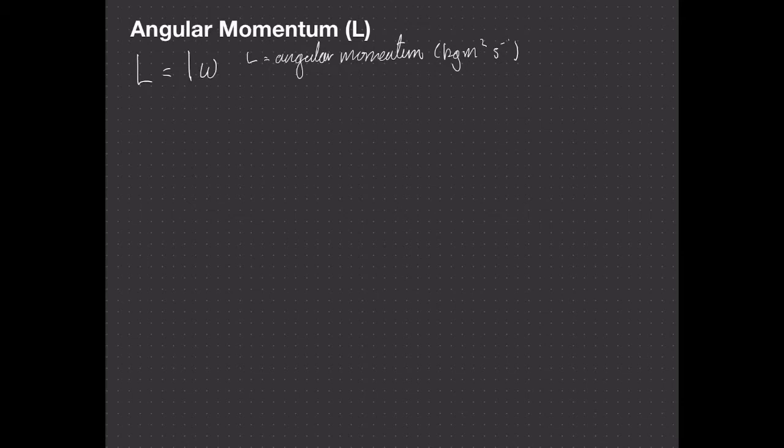Okay, I is our rotational inertia, okay, measured in kilogram meter squared. And omega, or lowercase omega, is our rotational velocity. And this is going to be measured in rads a second.